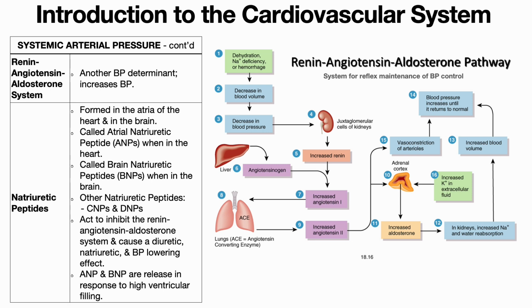This angiotensin 1 will then travel to the lungs where it is converted by angiotensin converting enzyme, or ACE, to angiotensin 2, thereby increasing the angiotensin 2.